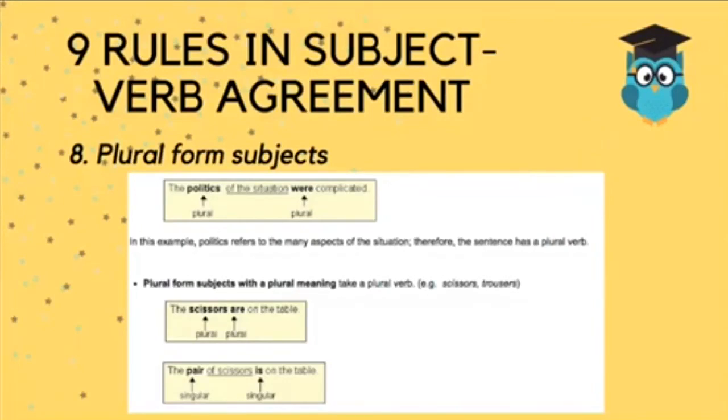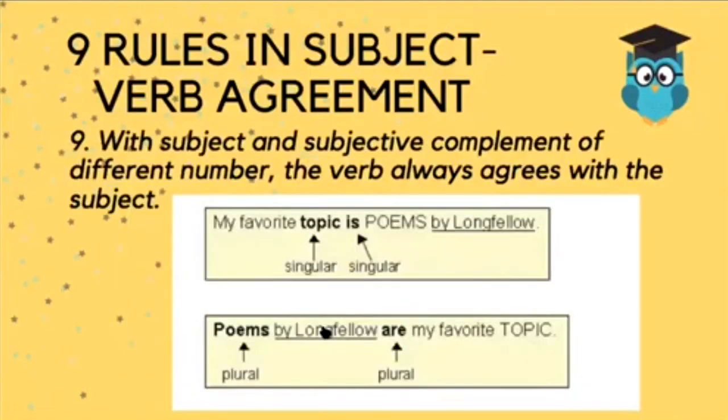Okay, so number 9. Let's proceed with the number 9 rule. With a subject and subjective complement of different number, the verb always agrees with the subject. My favorite topic is poems by Longfellow. So the subject here is topic. Poems by Longfellow are my favorite topic.